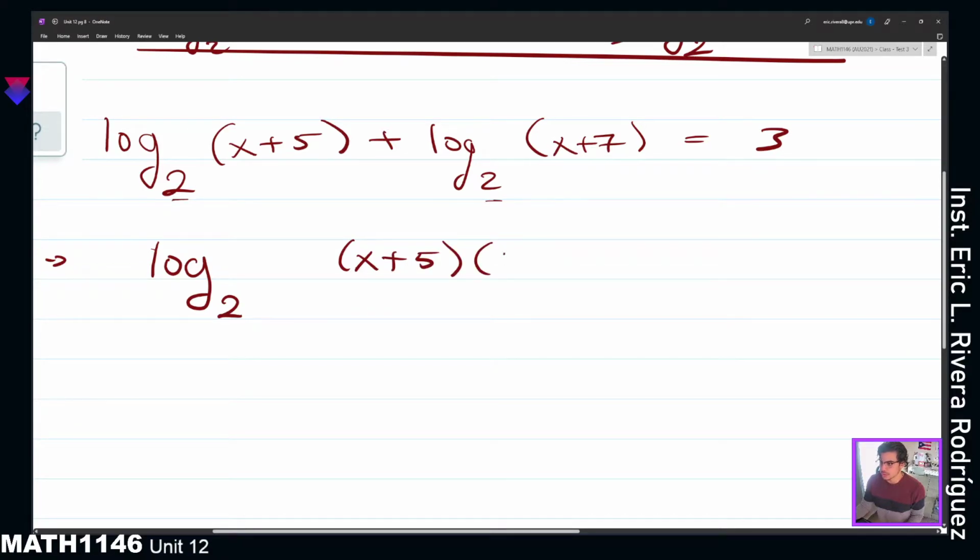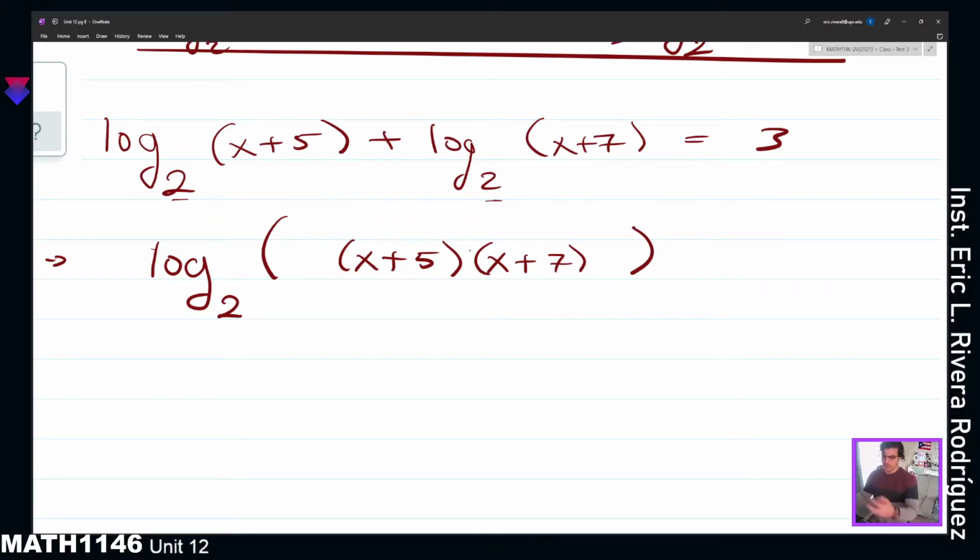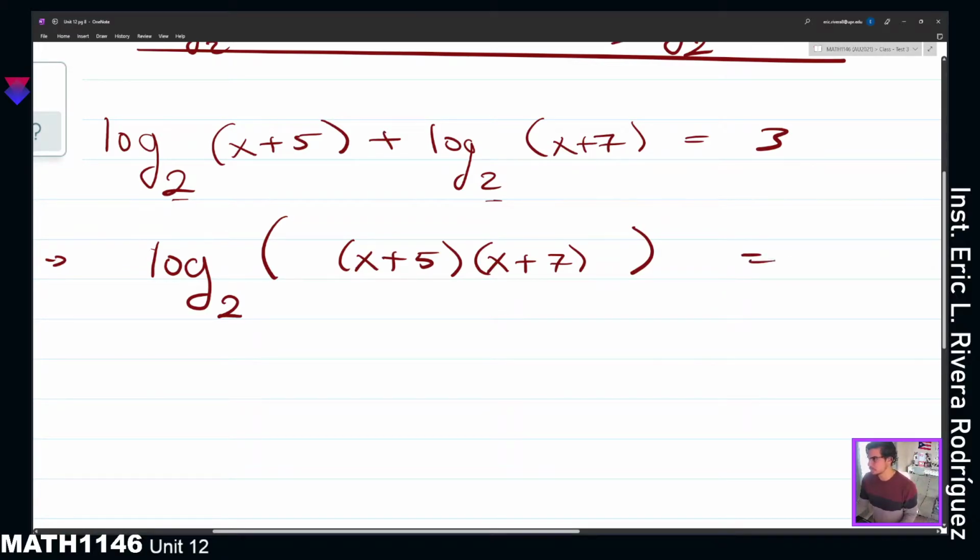So you take the two arguments and multiply them. Here we have a big argument for log base 2, where we have two linear factors multiplying together. This is equal to 3.